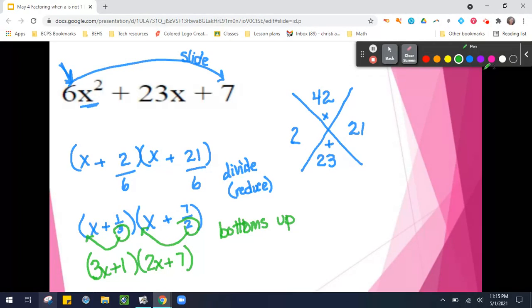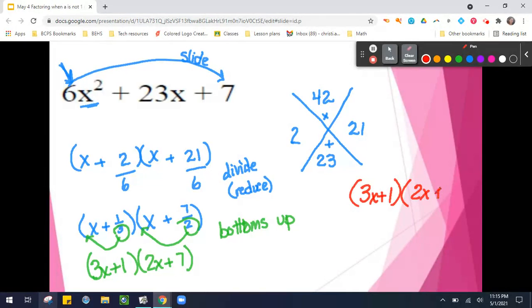Now on this problem, I am going to check. I'm not going to check on all the example problems today, but I am going to check this one to show you that after I slide and divide, I do get an equivalent expression. Doesn't look the same, but this is what I just got from my answer, and I'm bringing it over here to check.